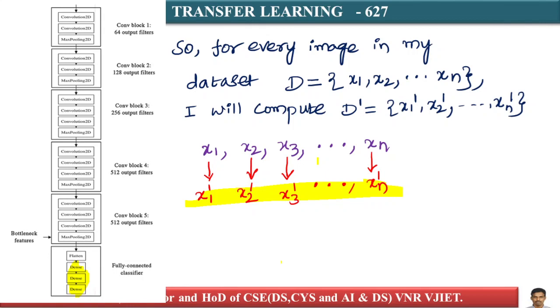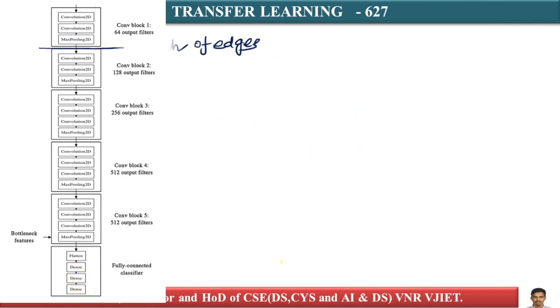The first convolutions are actually detecting edges. This convolution block 1 detects edges. By the time I come here, I have a bunch of edges.